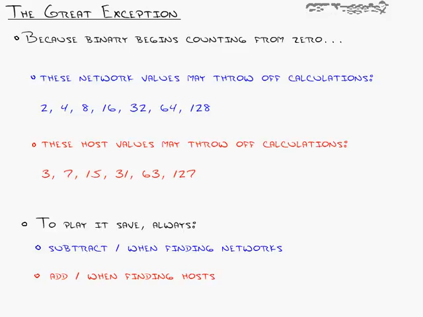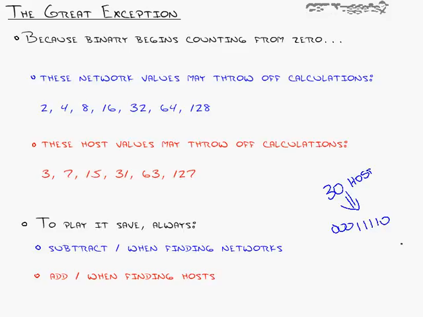At this point, you've probably seen enough examples to get a feel for how the process of subnetting works. When I say, oh, we've got 30 hosts per network, and I say our first step is to break that into binary, the reason that I'm converting 30 to binary is because I want to know just how many hosts per network I'm going to need.